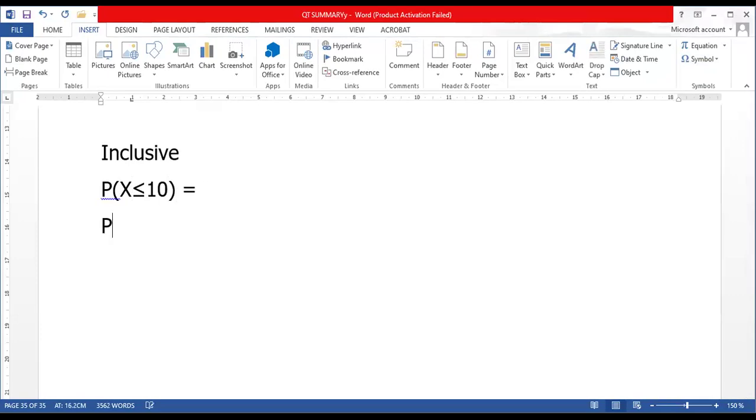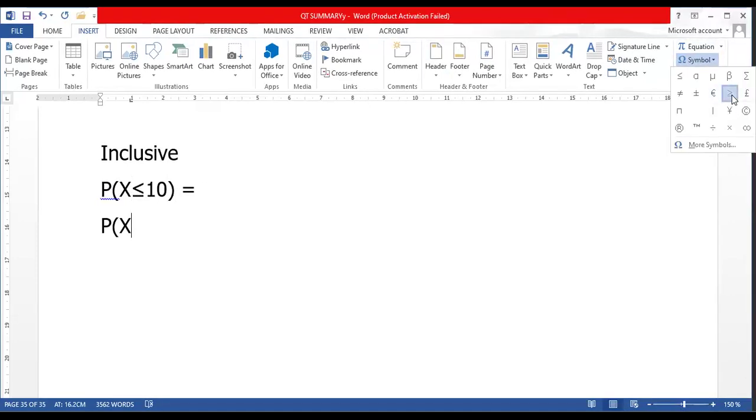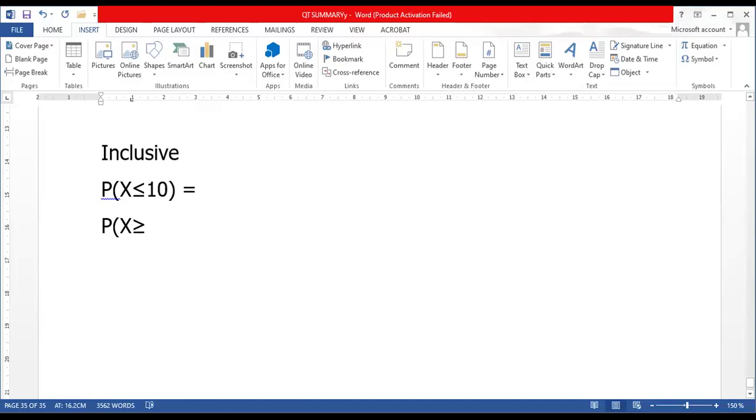Then if you have, let's say, the probability of x is greater or equal to 40, how do you get the exclusive figures? Then if you have the probability of 10 less or equal to x less or equal to 40, between 10 and 40, but the examiner says inclusive.